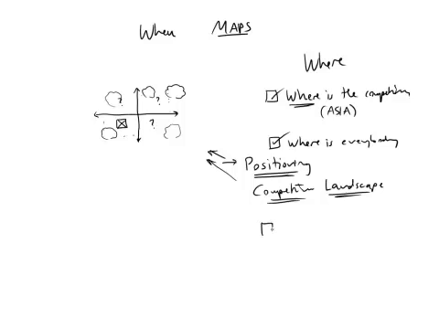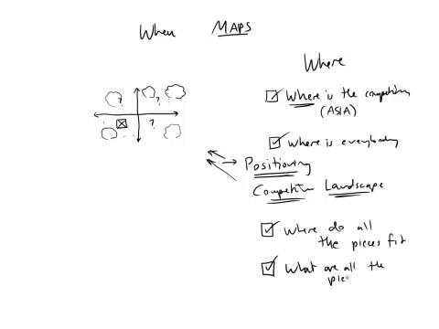Other times we would use a map when the question is, where do all the pieces fit? Where do all of these pieces that I have fit? And a corollary question to that is, what are all the pieces? If I'm not interested in the individual details of each piece, but what are all the pieces in aggregate?